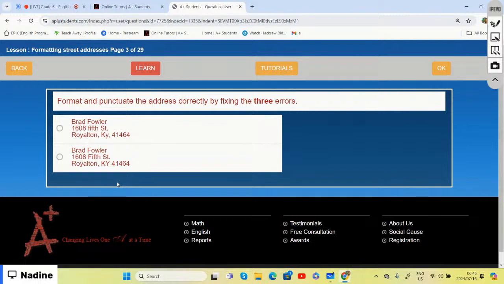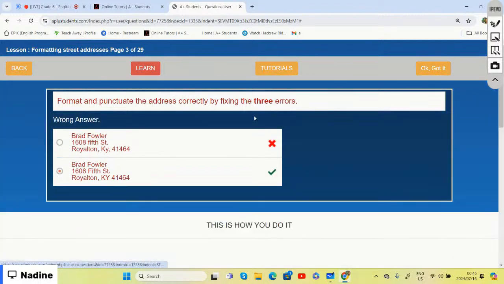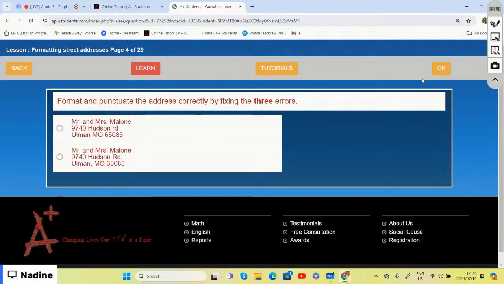So the correct one was actually, did we say the first one? We said the second one was correct because of the punctuation mark by the state or by the province, right? So we were going with the first one is then actually correct. The second one isn't actually correct, sorry.